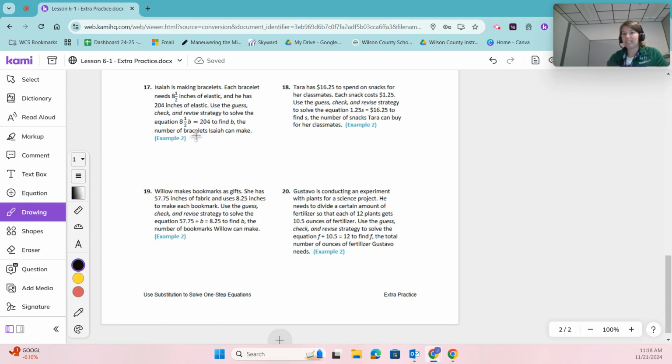So that's how I am determining what to start with, okay? Because 8's going to go into 200 about 25 times. So I'm going to do 8.5 times 25 equals 204. I'm substituting 25, that's my guess, and now I have to check it.